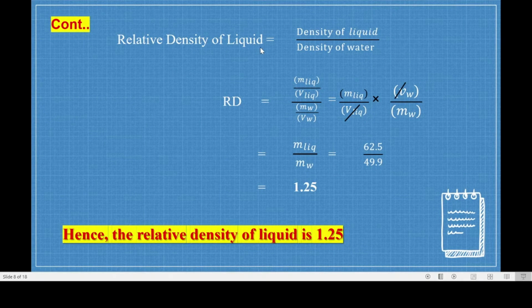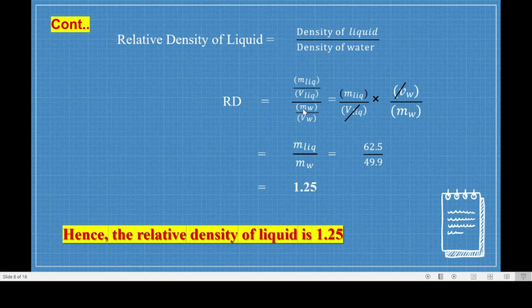So, the relative density of the liquid is obtained by using the formula density of the liquid to density of water. Here the density of the liquid is given by the formula mass of the liquid by volume of the liquid. LIQ denotes liquid, M is the mass, V is the volume.